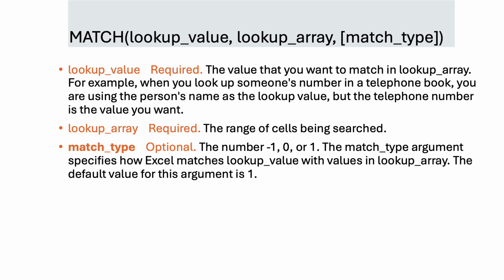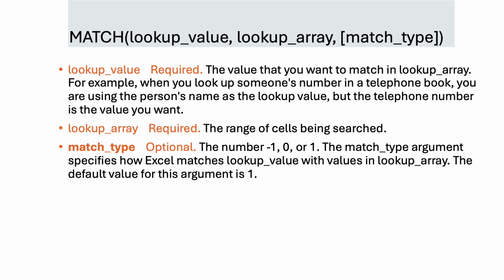The match function then will return the row location in the lookup range relative to the top of the lookup range that contains the last value in the range that is greater than or equal to the lookup value. If match type equals 0, it will return the row location in the lookup range that contains the first exact match to the lookup value.